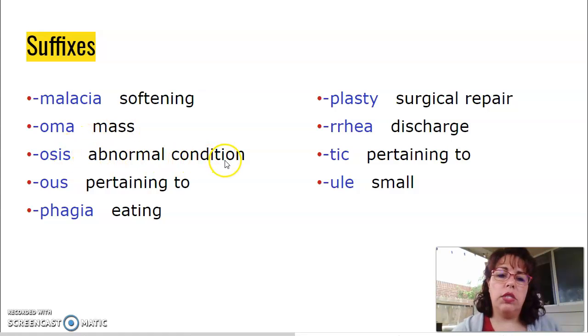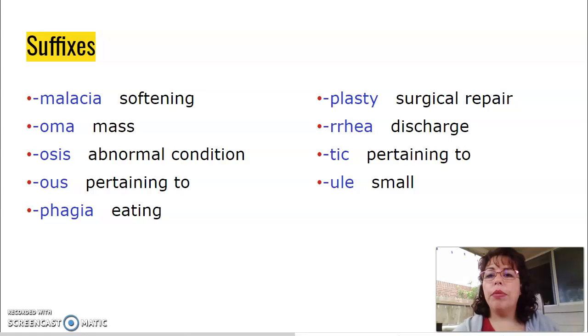Osis, abnormal condition. Cyanosis. Ous, pertaining to. Subcutaneous. Sebaceous, that'd probably be a better example. Phagia, to eat or eating. So phagia is eating. Macrophagia. There's examples in the book.